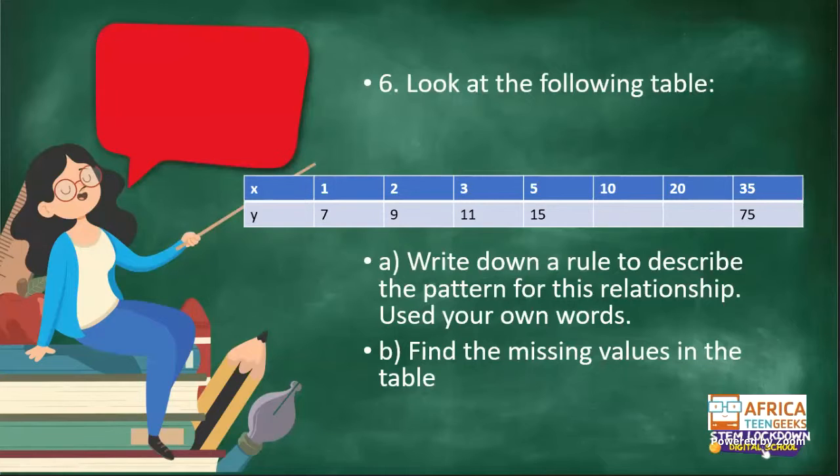The rule is you multiply the input by 2 and then you add 5. Before we get on, is there anyone who is lost? If you are lost, please say it now so that I can explain how we find the rule.